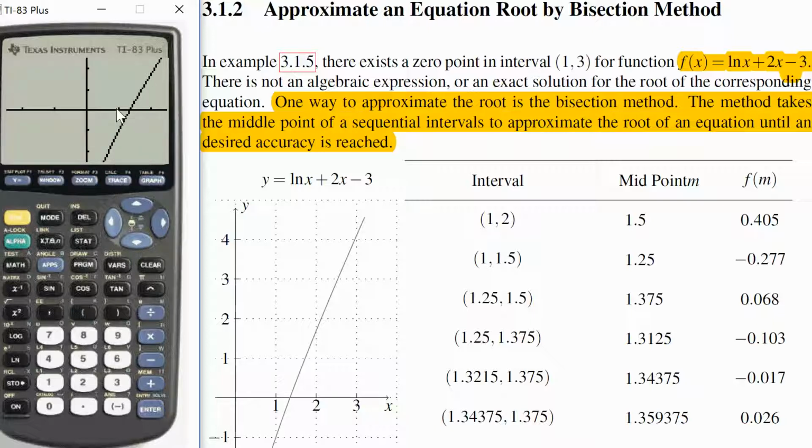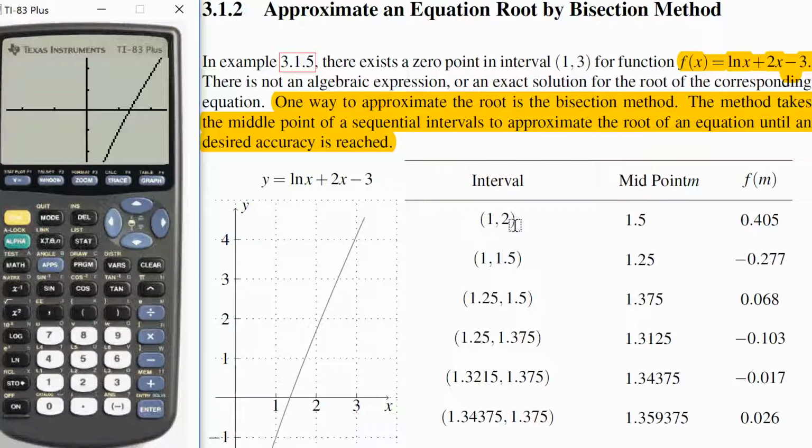This is value 1 for x. This is value 2 for x. So the root is between 1 and 2. Then, based on the principle of the bisection method, we are going to use the middle point.